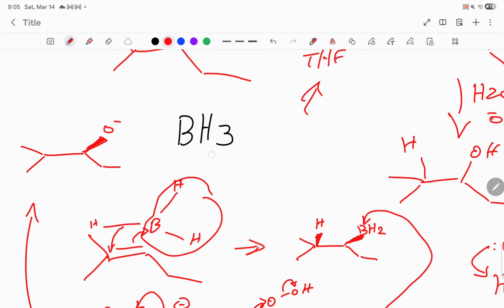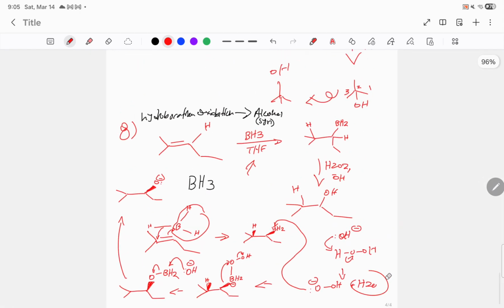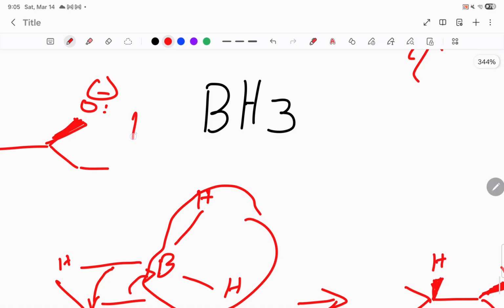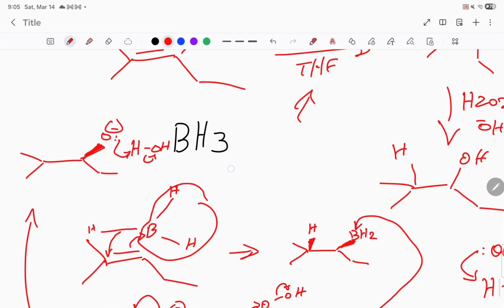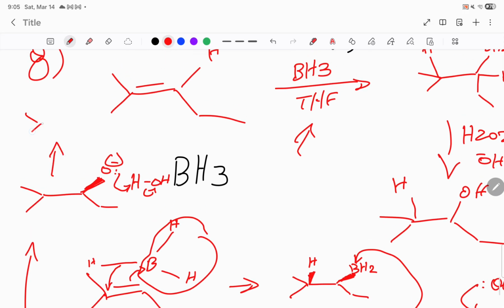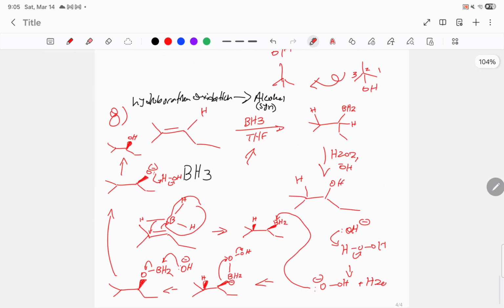And this O minus is going to attack a water that we generated a couple steps back. Here's that water. It will attack this, and boom, we have now formed ourselves an alcohol. It is a little bit of a lengthy mechanism, but we have formed our alcohol, and it's a syn alcohol. It is stereospecific because it added in a very specific manner.